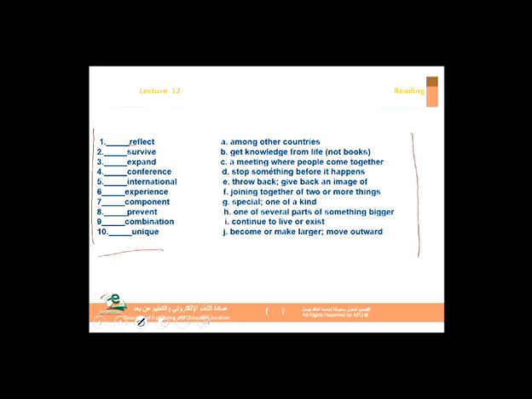As you can see here, we have re, sur, ex, con, inter, ex, com, pre, com again, and uni. These are prefixes, and we have used them to match these words with their meanings.